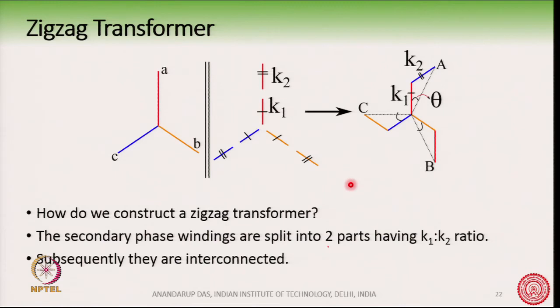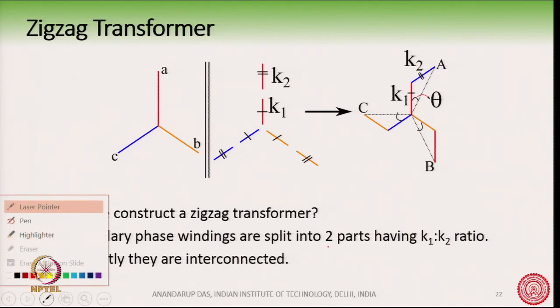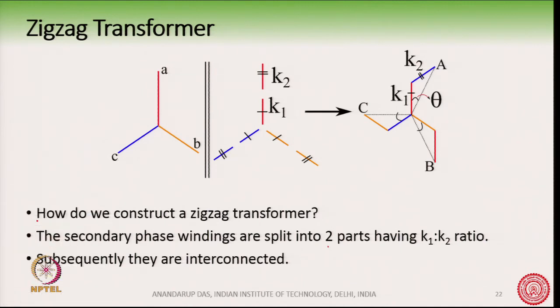So, we can draw then the diagram like this. Okay. So, in order to make a zigzag transformer, we subsequently interconnect these windings, but slightly in a different fashion. Okay. How do we connect it? See here, we first take this winding K1 and put it here like this, K1.